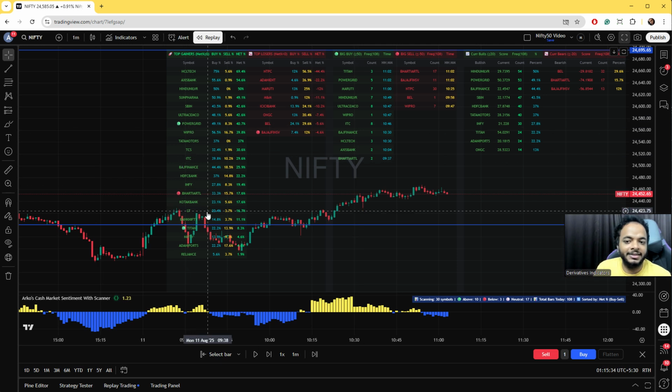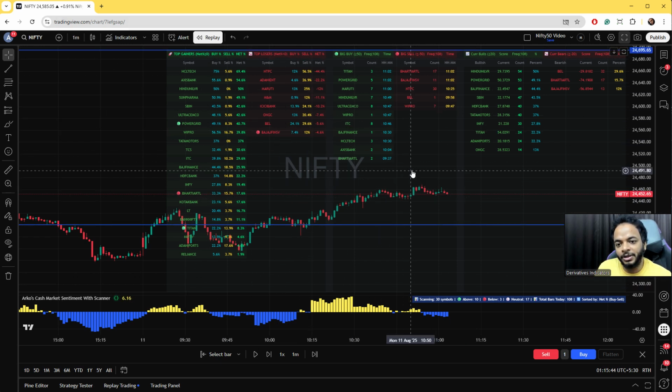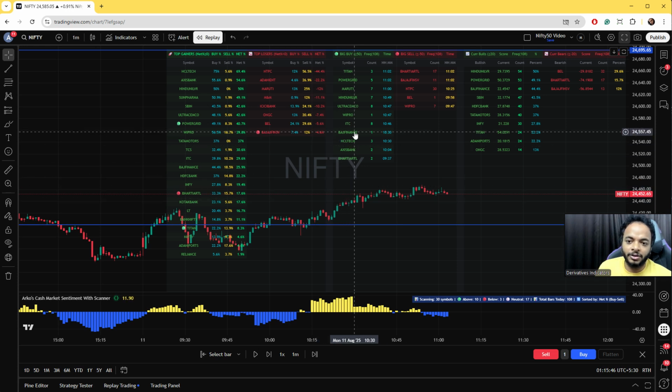Whenever the green ball or the red ball is hit, regardless of which list it's in, the name will show up here. Also note that the same name can show up in both the big buy and the big sell lists, according to when the condition was last hit. It can happen that the condition was hit several times.